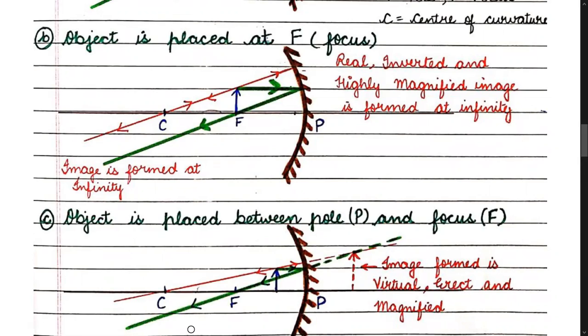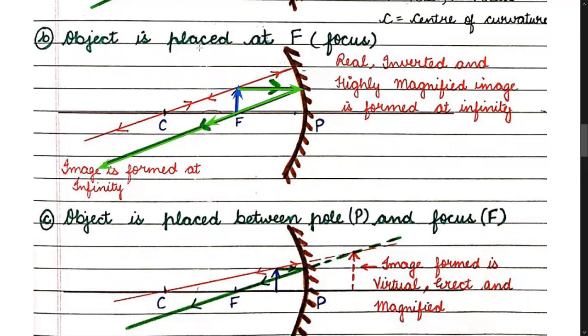So students, the object is placed at focus, that is on the point of focus. Now, first of all, we will take a ray parallel to the principal axis. After striking the mirror, the light will get reflected and will pass through the focus.